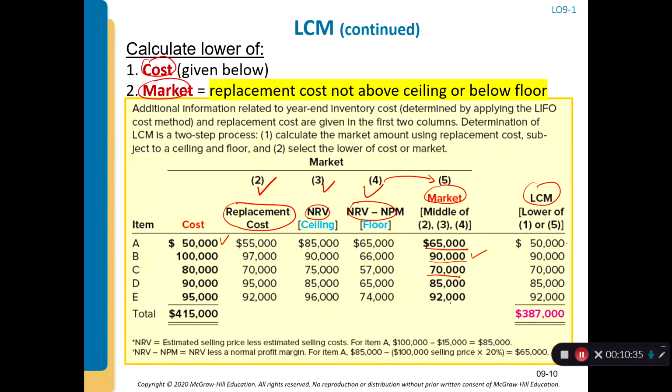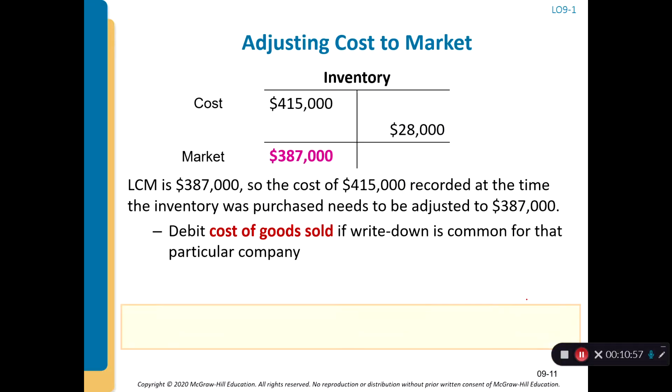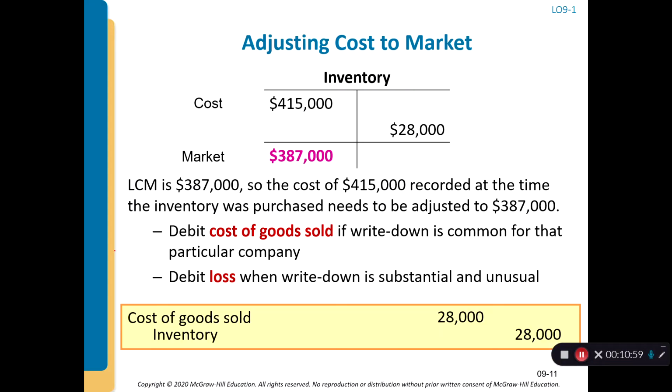So on and so forth, we figure out that the lower of cost or market method generates $387,000 of ending inventory. Hence we record this adjustment, writing down the inventory from $415,000 to $387,000 by a journal entry exactly like what we did last time: debit cost of goods sold and credit inventory.